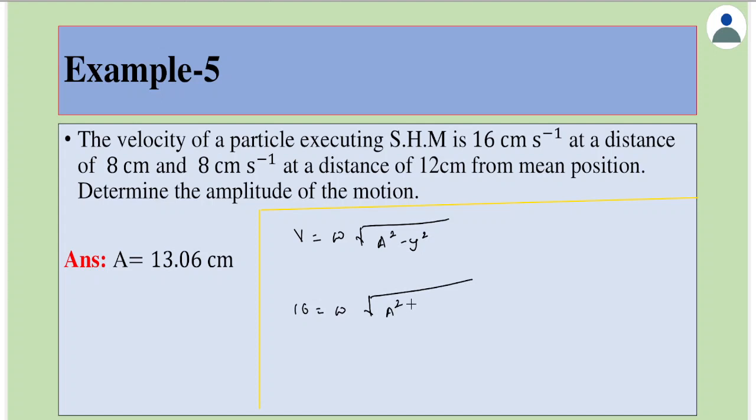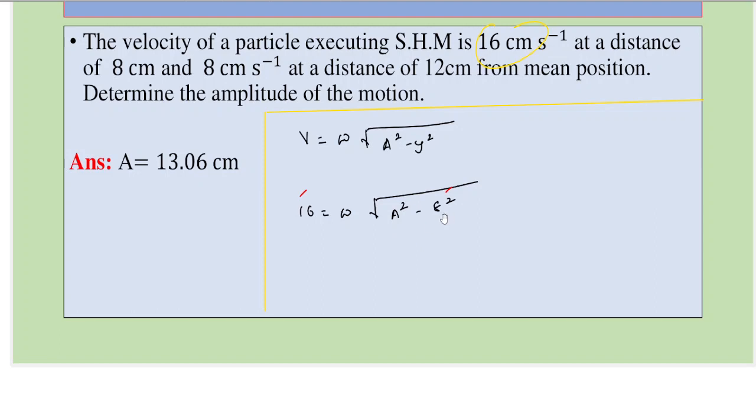It will be a square minus 8 square. Keep in mind that if you're taking the displacement in terms of centimeter, even a should be in centimeter only, because we can't subtract centimeter and meter square, it becomes difficult. So v, y and also a would all be in centimeter only.